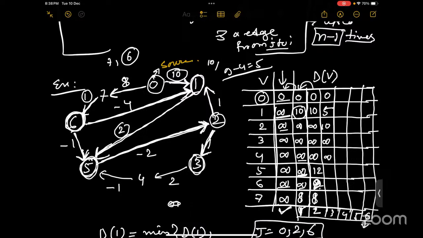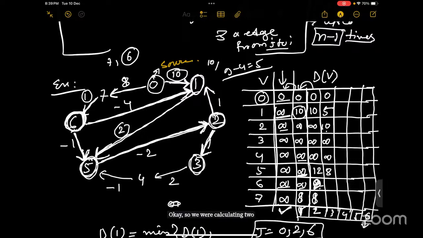Yes, right. So the distance of 6 is 9 and the weight is minus 1, so this will become 8. How is 2 10? Ma'am, how is 2 10? Okay, we were calculating 2.